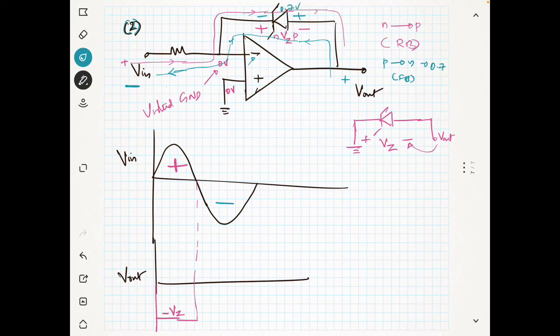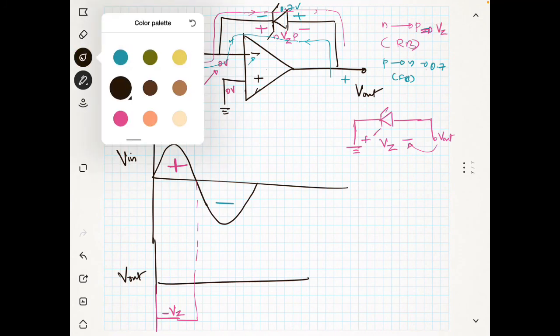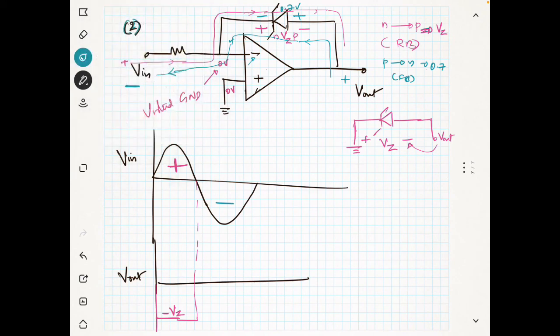So this voltage will be 0.7 volt, and in the old case, the voltage is Vz. So it will be 0.7. Now I told you again, this is ground point. Next, the diode is connected like this, and the current is flowing like this.